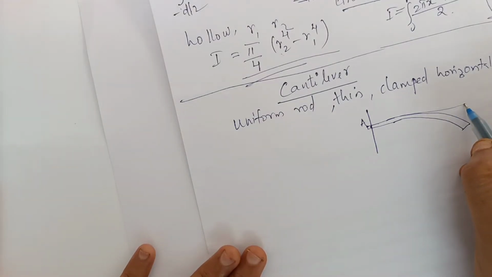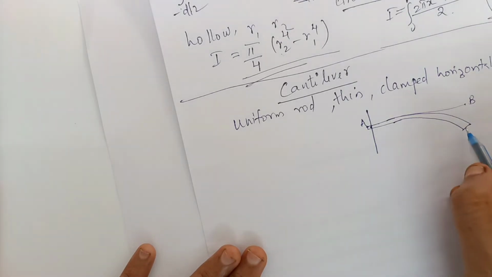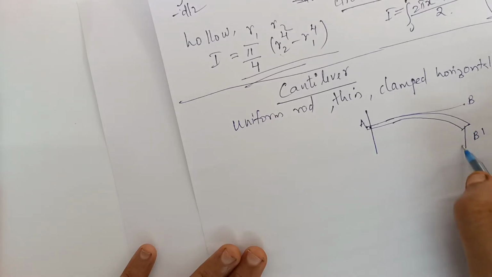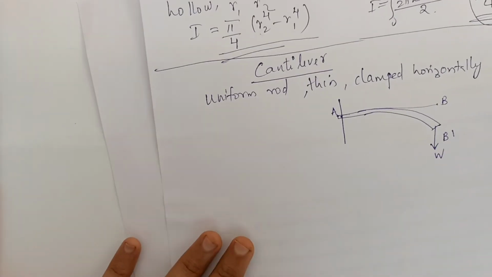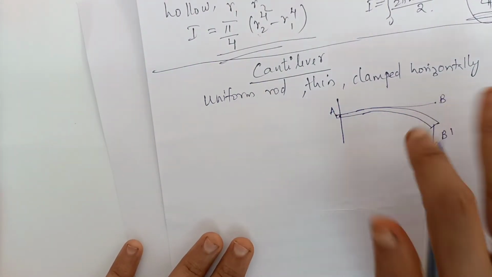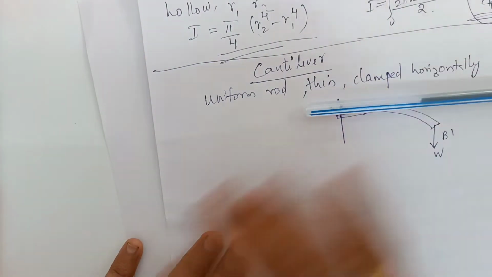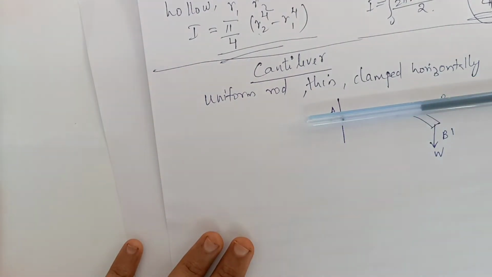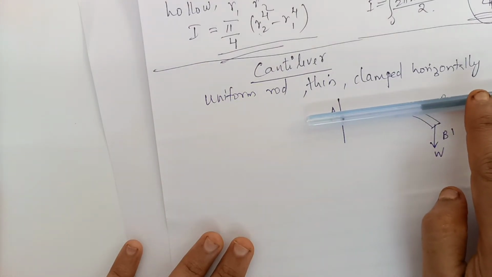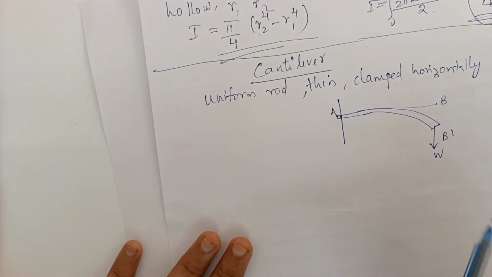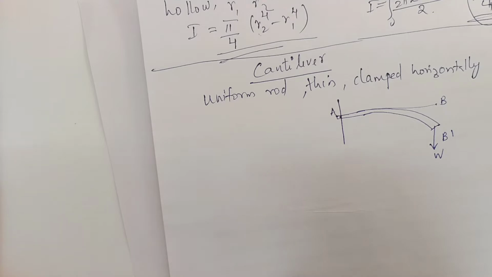Now I have applied a load W, a weight mg acting downwards, and the rod comes to a new position. Consider this pen as the rod: this was the rod AB, and now when I apply the weight to this end, it bends and we get a new position.